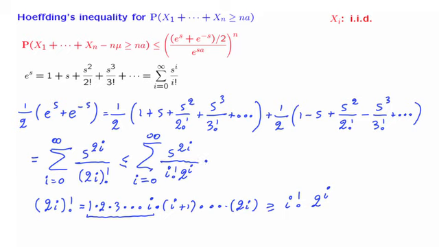Now we can rewrite this by taking this term 2 to the i and combining it with the other term in the numerator. And what we have is s squared divided by 2, all of that to the ith power.